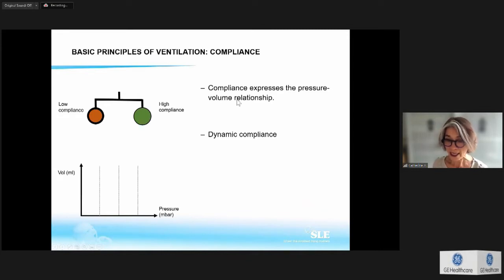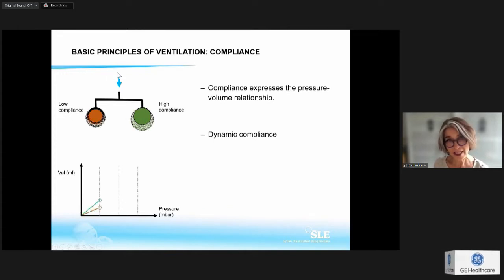The compliance is the change of volume for each increase of 1 millibar of your pressure. Whenever you increase your pressure by 1 millibar, how much new tidal volume do you add? So here you will see that I apply a pressure to two different lungs, one which has a low compliance and one which has a high compliance.